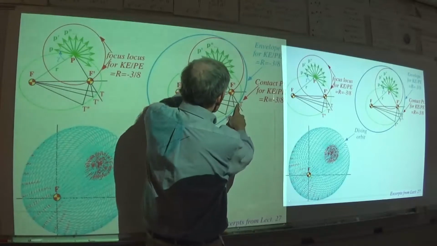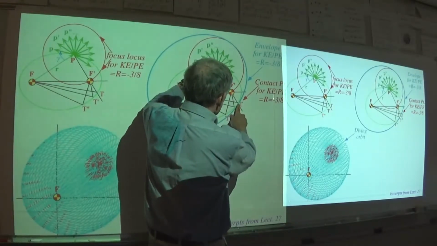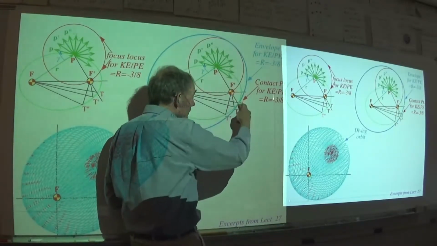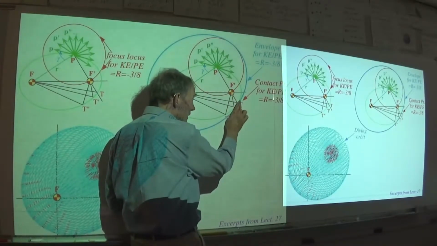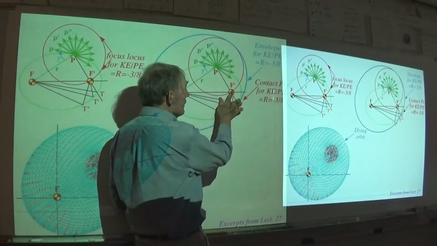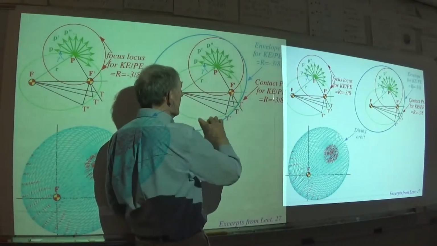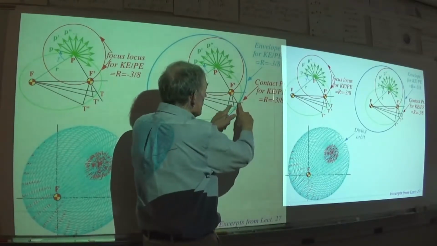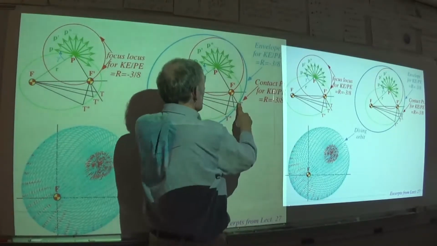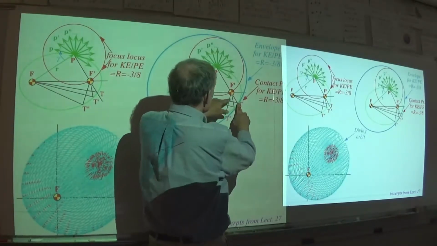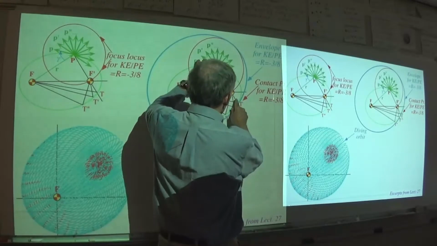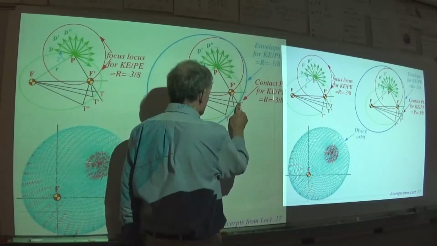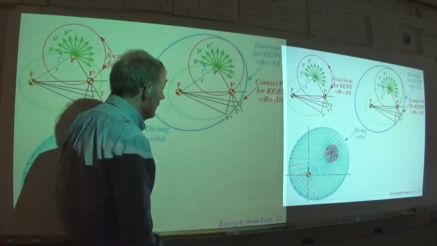So the long distance to a focal point of the blue envelope has to be in line with the point that's contacting and the focus of the little orbit here. So I have two ellipses that are being married, so to speak. One of them using these two foci, and that's the orbit itself, and then another pair, this one and this one, building the thing that surrounds it and contacts it. In this case, only once, right there.